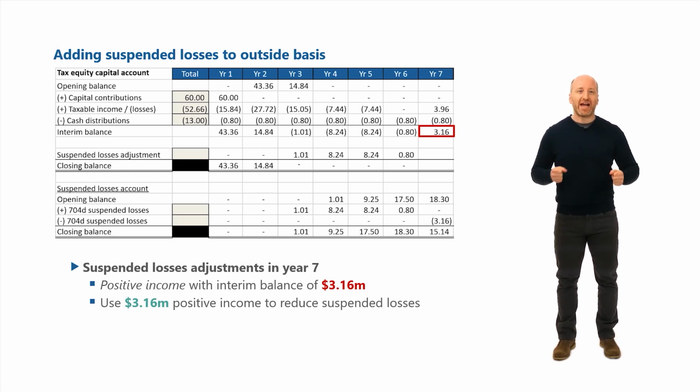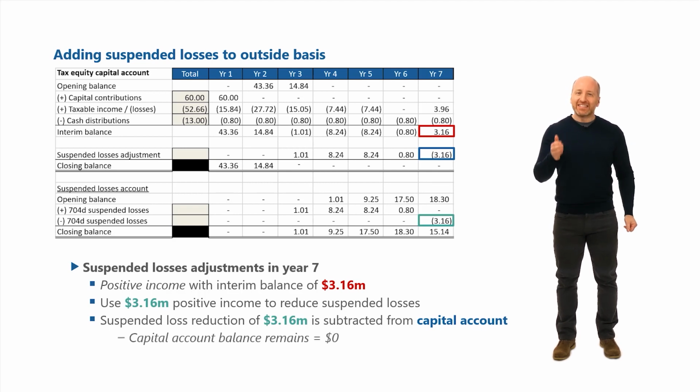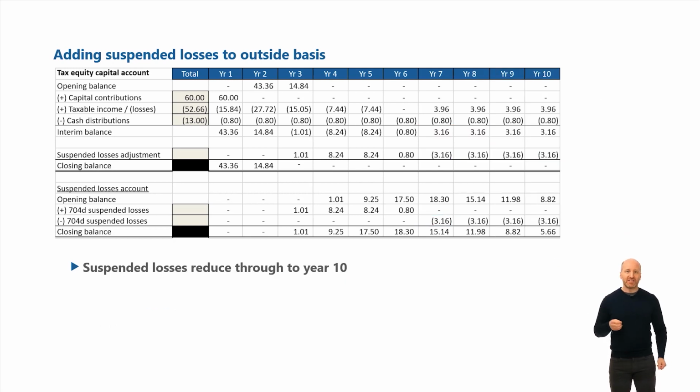So we'll also subtract this 3.16 million reduction in suspended losses from our capital account to end with a balance of 0. And this is the same in years 8 through 10. We're constantly reducing the remaining suspended losses.